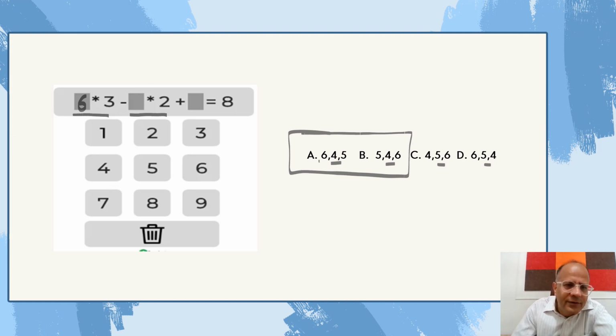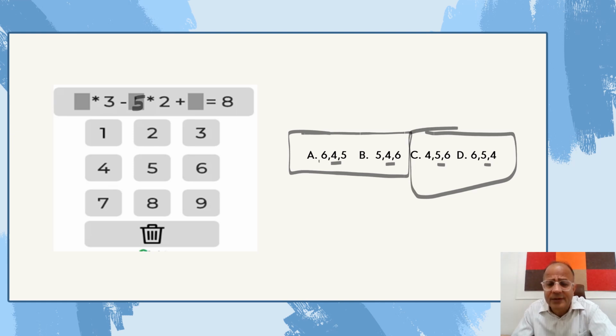You could have used the delete button on the software. Now I'm going to plug in 5, not 4. If I plug in a 5 over here, that's a 10. Plugging in a 5 means I'm looking at these two options at the moment. Then let's go with the smaller number over here, 4, which would make it 12 minus 10.